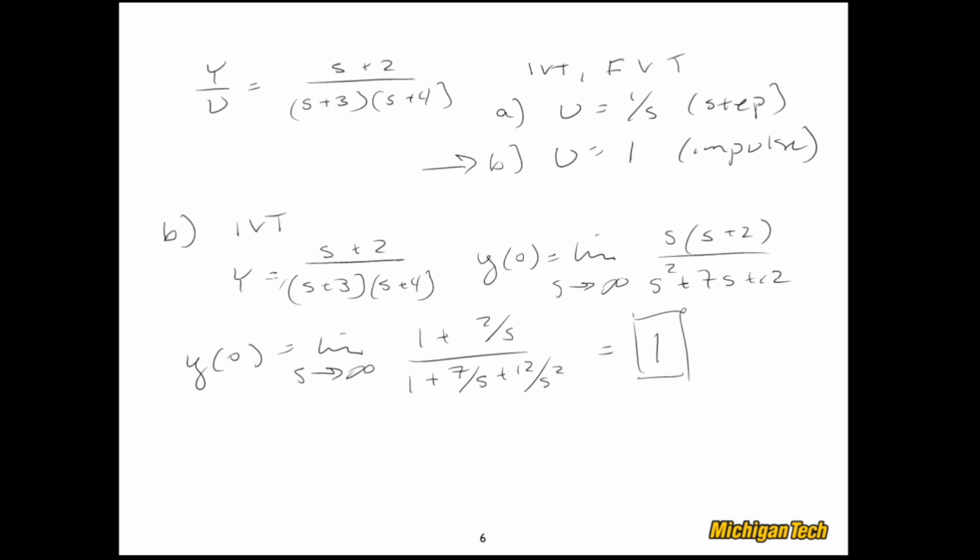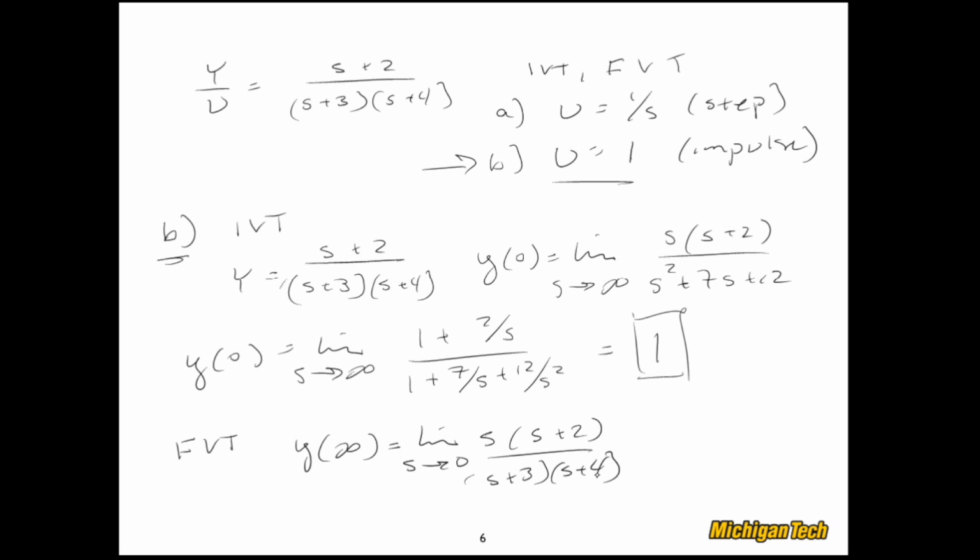Very good. So now let's do the final value theorem. Again, we're doing case B where the input is an impulse. What this says is that y at time equal infinity is equal to the limit as s goes to 0 of s times y of s. So that would be s plus 2 over s plus 3 and s plus 4. Before I go ahead and let s go to 0, I have to check that all the poles of this are in the left half plane.